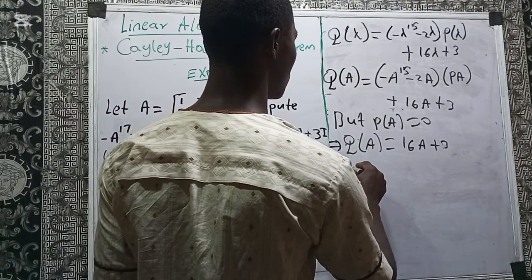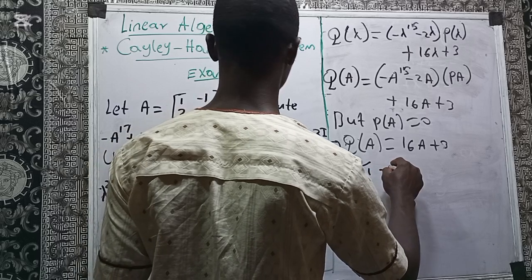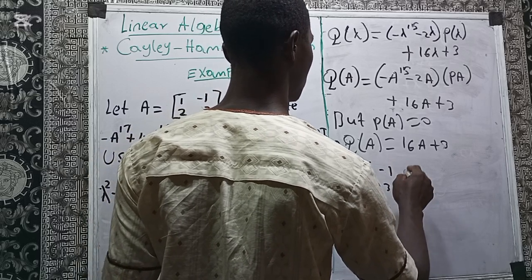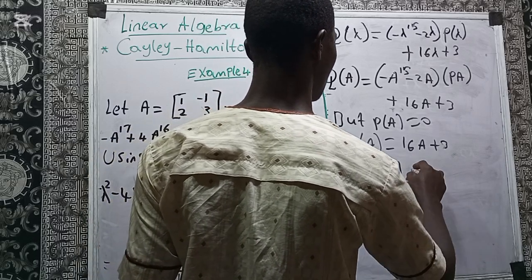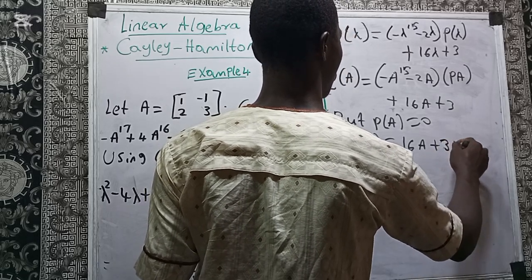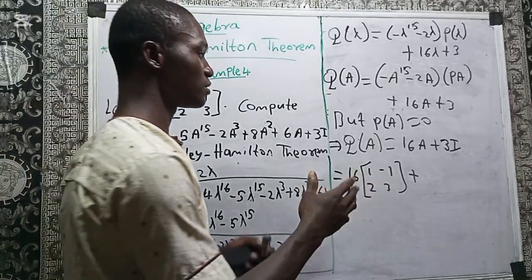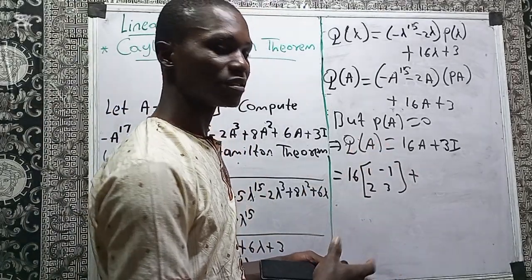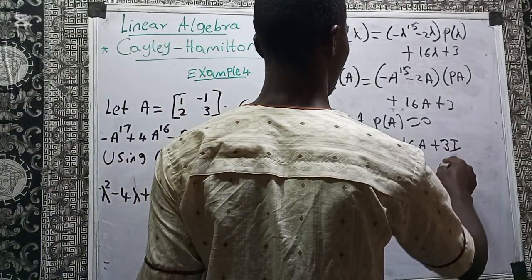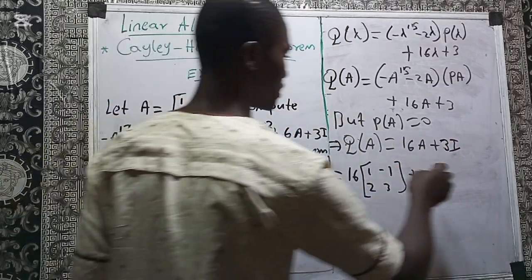So this will be equal to 16 multiplied by A, which is 1, negative 1, 2, 3, plus, this 3 will not be 3, it will be 3I. Sorry, because we can't be adding a constant and a matrix. So you multiply the constant by the identity matrix. So I have 3I. The identity matrix will be 2 by 2 because our matrix A is 2 by 2.